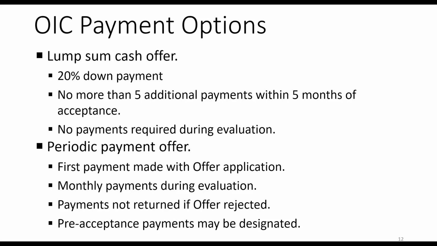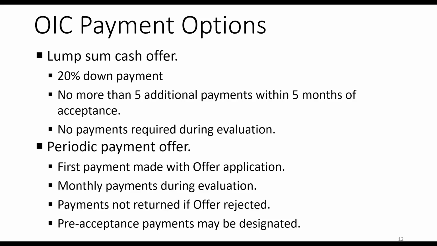Now, the other big difference between these two is in the reasonable collection potential, the RCP, which we're going to talk about shortly. I'm going to assume that many of you have done an installment agreement, and at least gone through the 433A with the client.